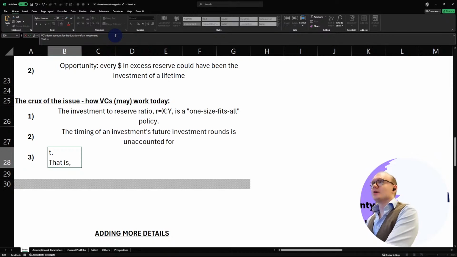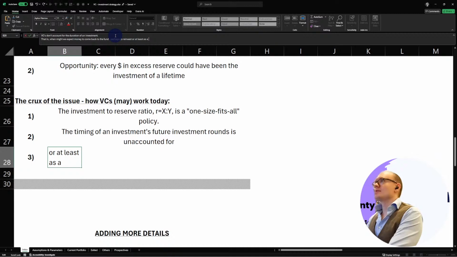That is, when might we expect money to come back to the fund, perhaps to reinvest, or at least as reserve.